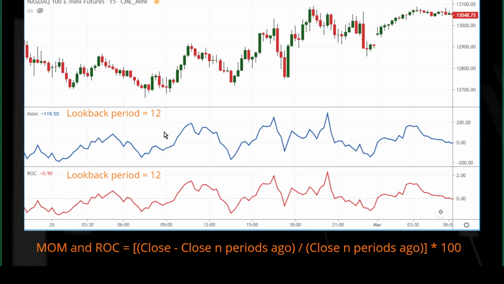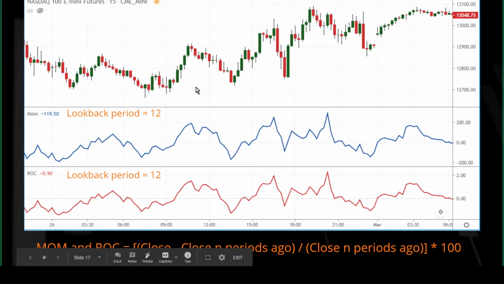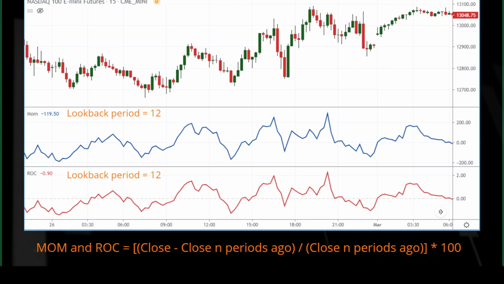Now, with all the indicators, for the new traders, I want to mention this: all the indicators have something called a look back period. If you look at the bottom of the screen, there is the formula for this indicator.